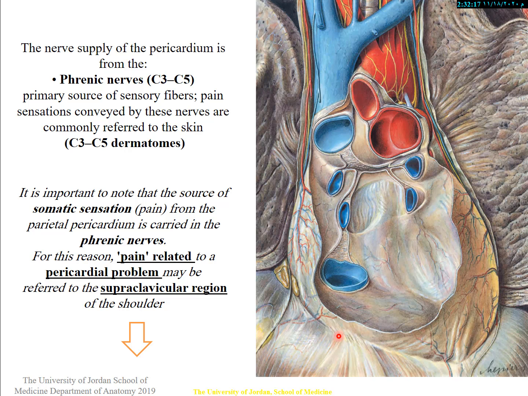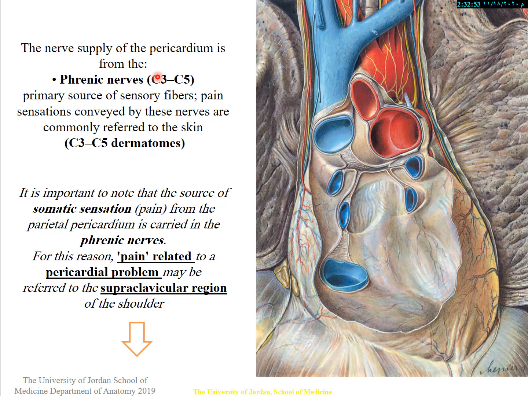So the gallbladder, especially the fundus, is touching the diaphragm, especially if there is inflammation. Now, the sensation of this part of the diaphragm that comes in contact with the gallbladder is mediated by the phrenic nerve. So the phrenic nerve would take it to C3, C4, C5. Nothing wrong with that.